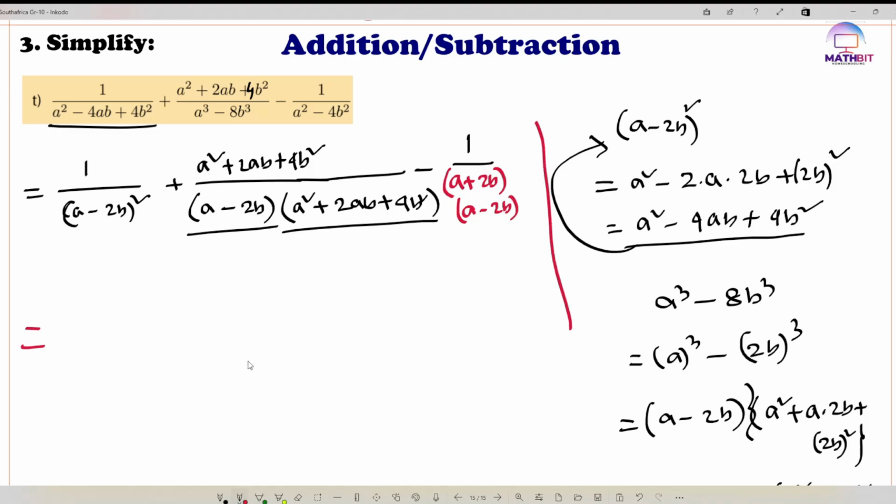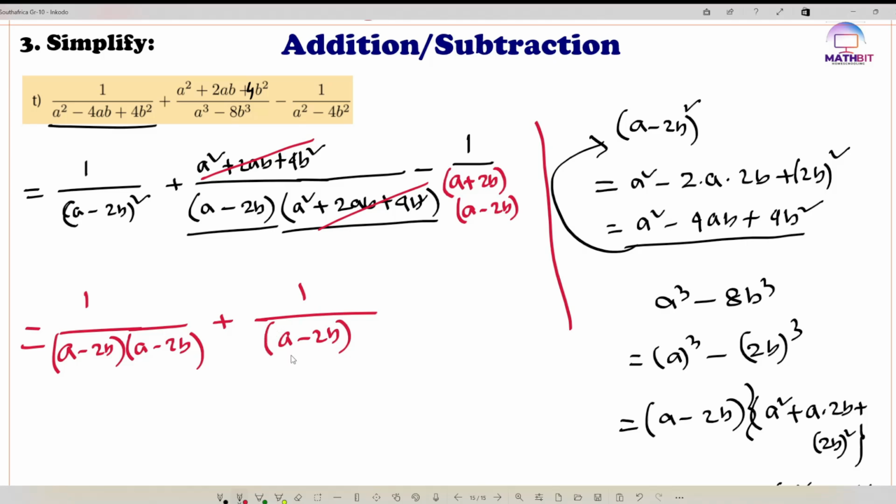Now look, we can simplify this one. So here is a minus 2b then a minus 2b, plus 1 divided by a minus 2b, then minus 1 divided by a plus 2b times a minus 2b.